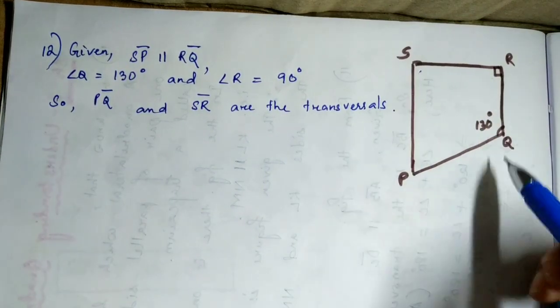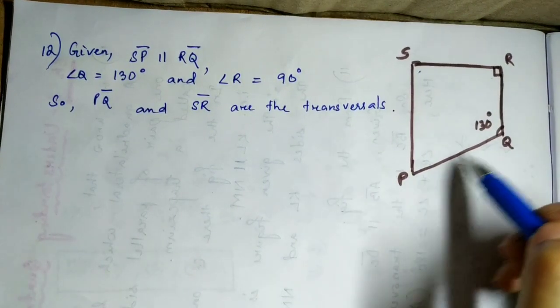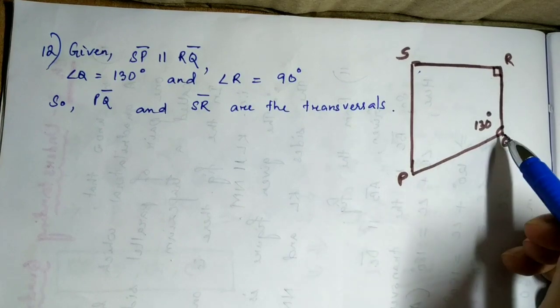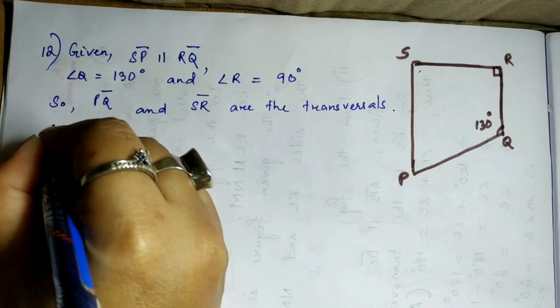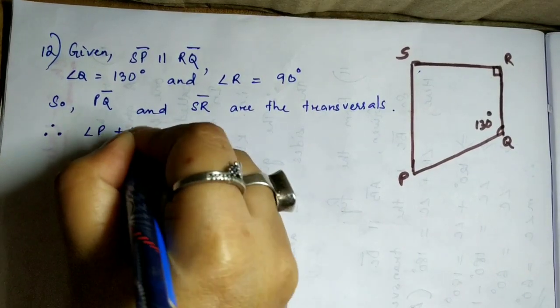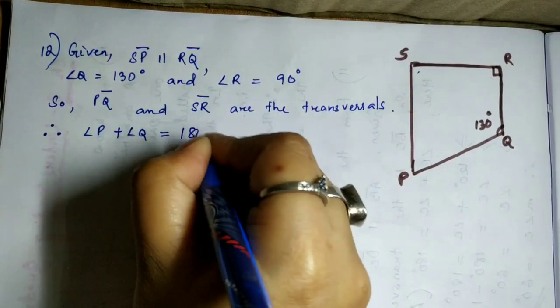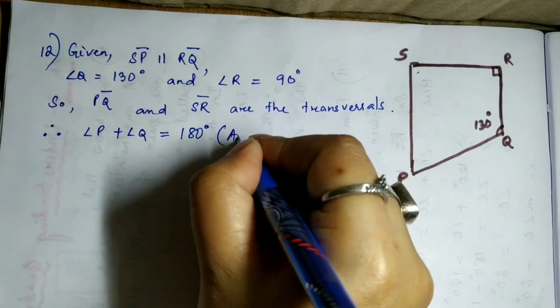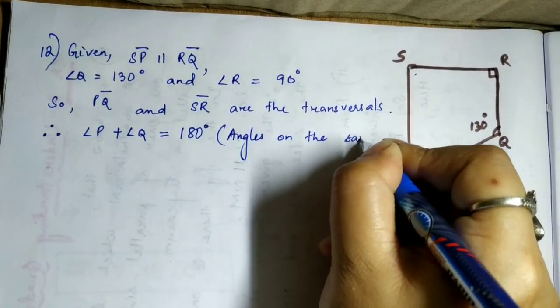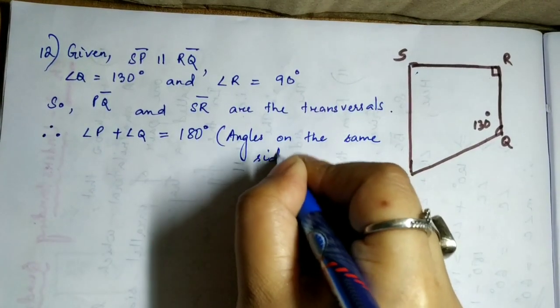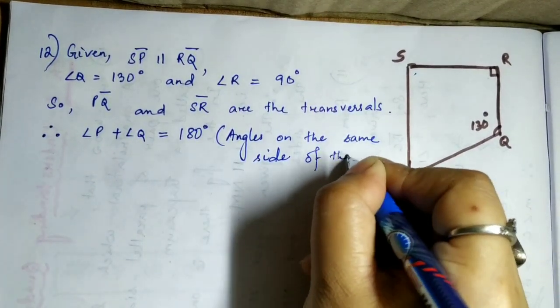See, if these two are parallel and this is the transversal, can I write P and Q as a sum of 180 degrees? So therefore angle P plus angle Q is equal to 180 degrees. I'll write the condition: angles on the same side of the transversal.